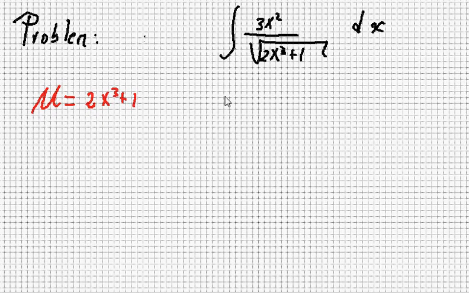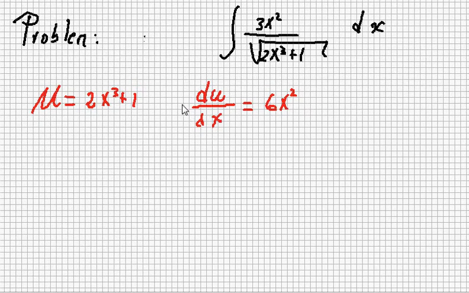Now I am taking the derivative of u with respect to x. So du dx of this expression is going to be 6x squared, plus 0, which I don't write, of course.